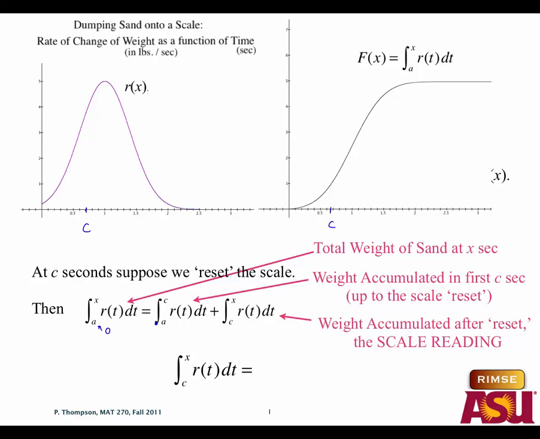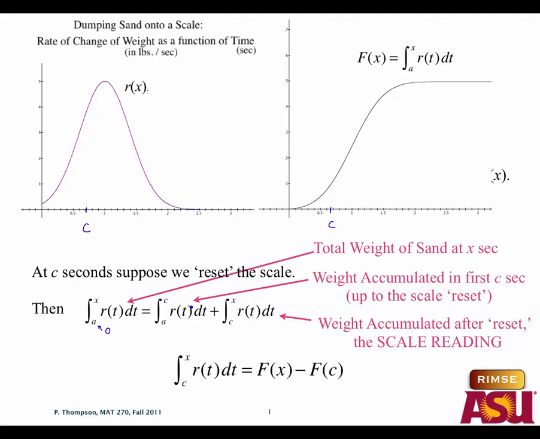And what's the total amount in the first C seconds? The total amount in the first C seconds is f of c, right? So the scale reading, the accumulated amount after the reset, is the total amount of weight on the scale, f of x, minus the amount of weight that poured on the scale before we reset, f of c. Does it make sense?